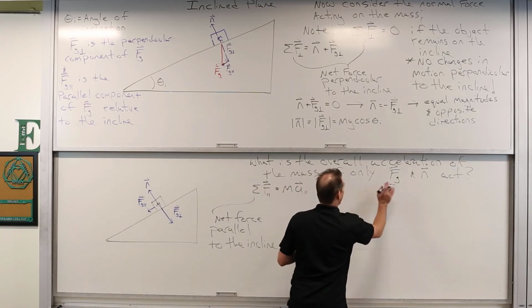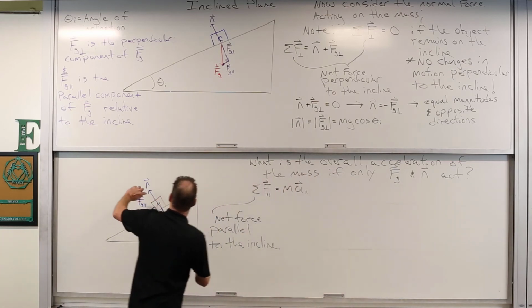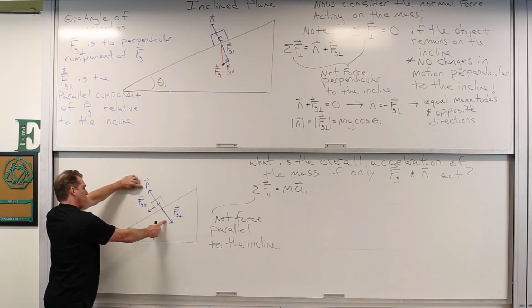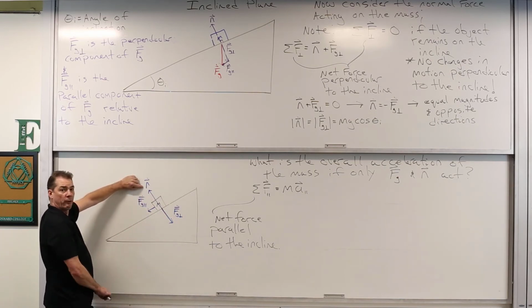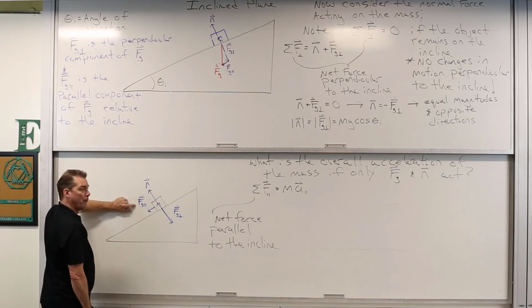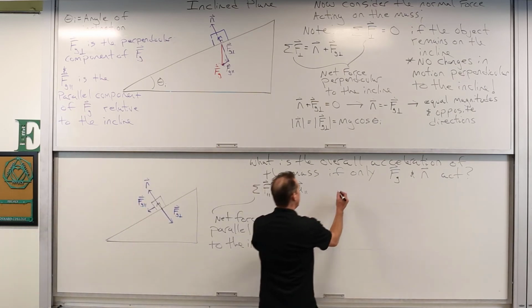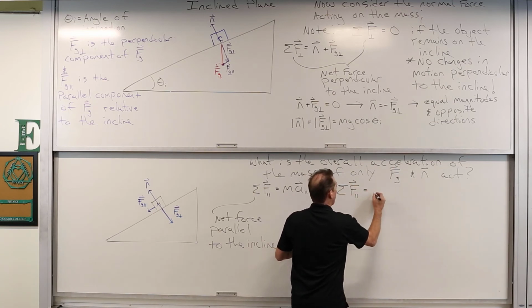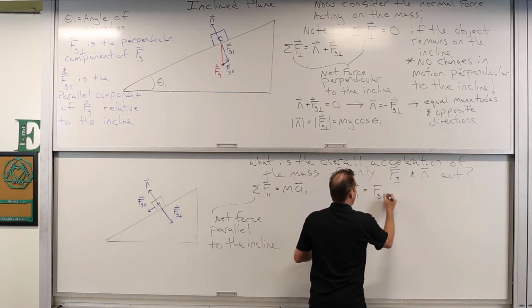Well, in this case, if we've only got these two forces acting, the normal force and the perpendicular component of the gravitational force are both perpendicular forces. There's only one parallel force regarding the incline, so the net force parallel to the incline is Fg parallel hat.